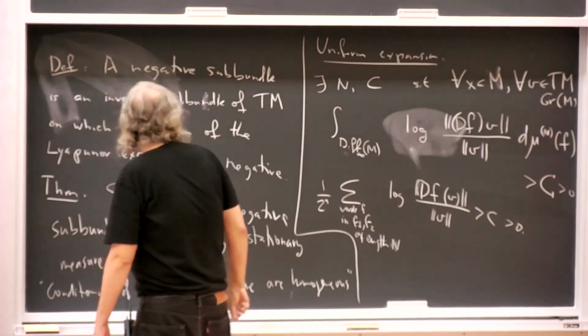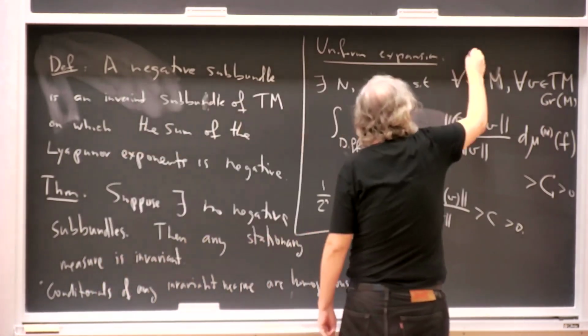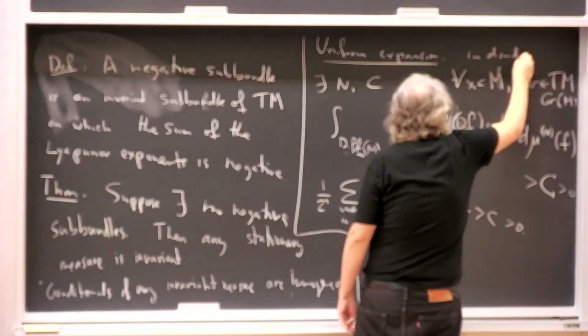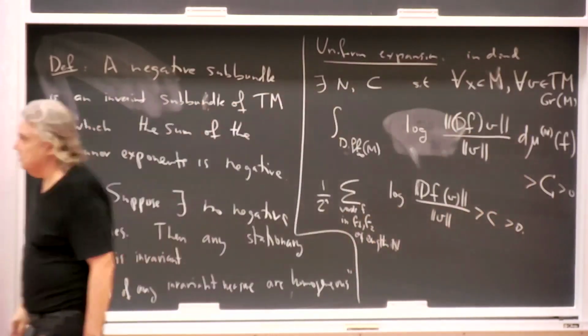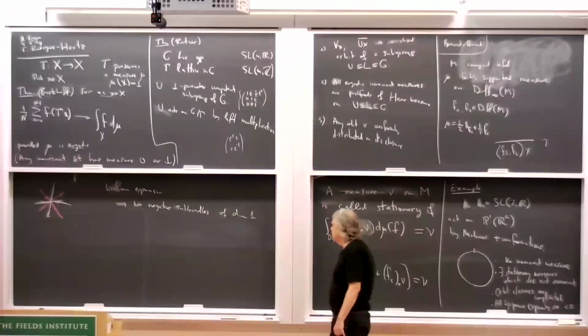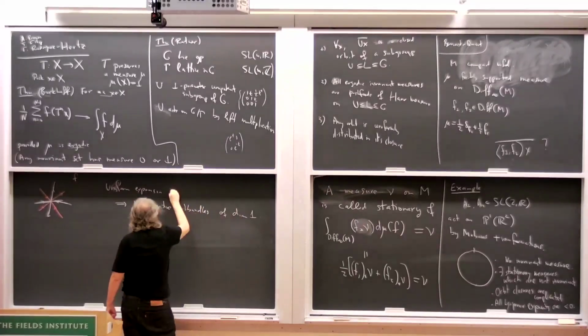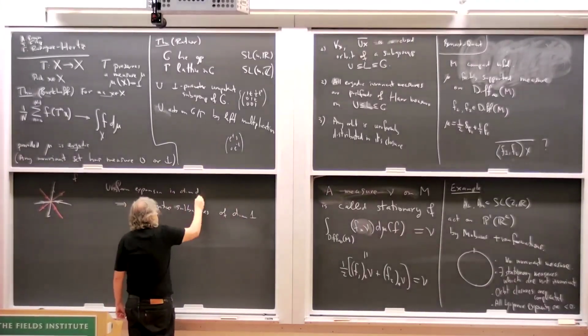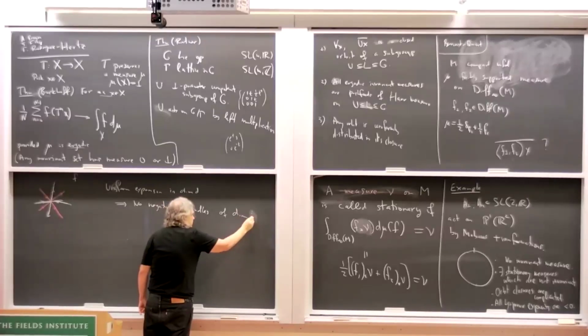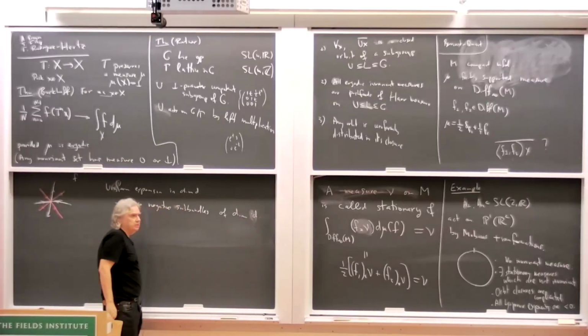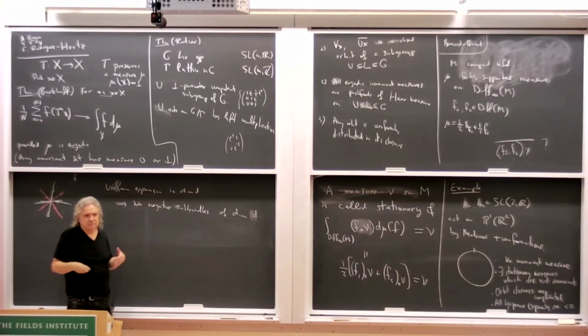So you can talk about uniform expansion in dimension D, and uniform expansion in dimension D implies no negative subbundle of dimension D. So this tells you that, in some sense, this behavior looks like it's very common.